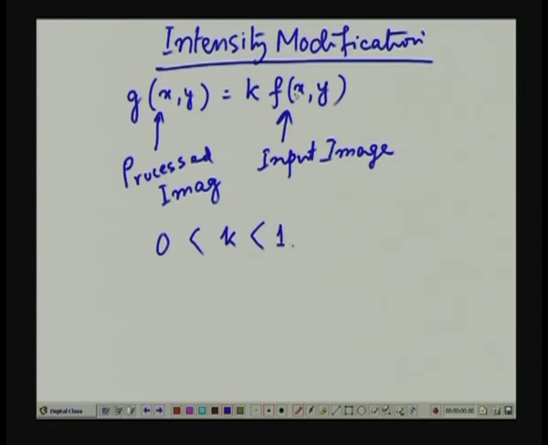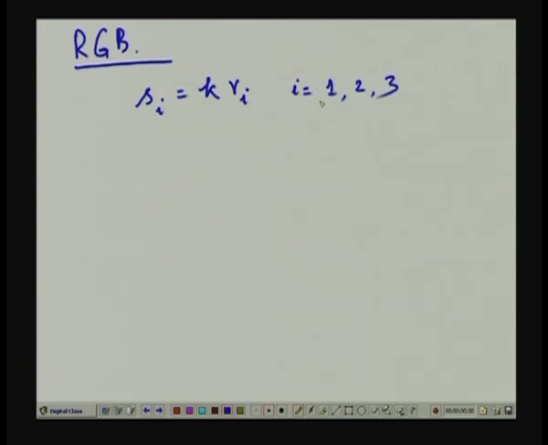Now, as we said, this operation can be done in different color planes. So, if we consider the RGB color space, then our transformation will be S i is equal to the same constant k times R i, for i equal to 1, 2 and 3, where index 1 indicates the red component, index 2 indicates the green component, and index 3 indicates the blue component.